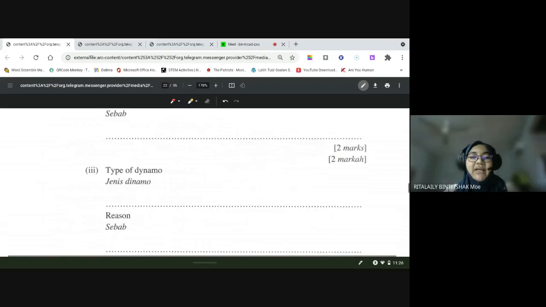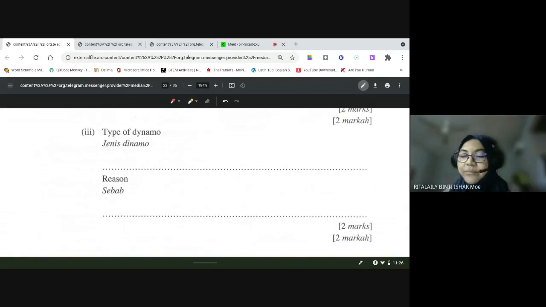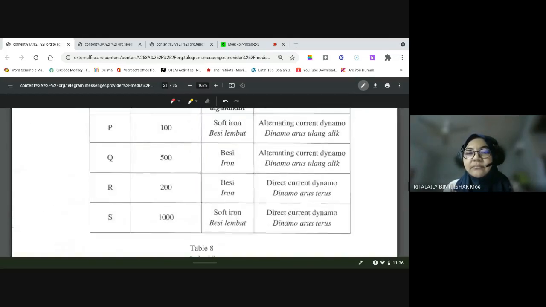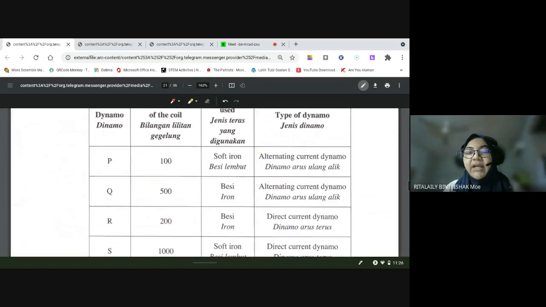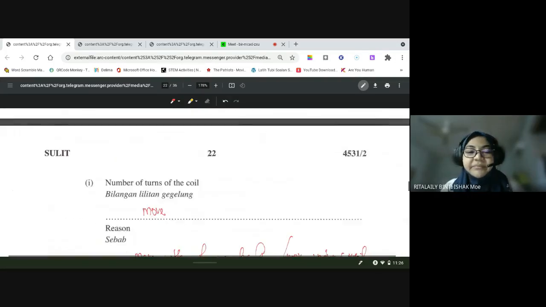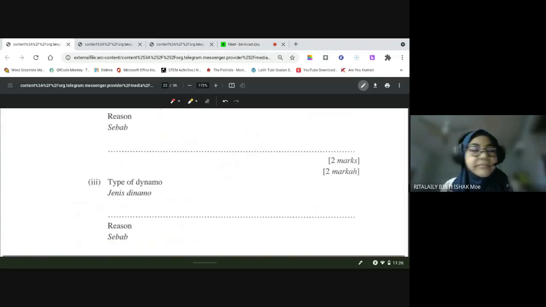So, type of dynamo. Which type of dynamo is this? Do you want direct current or alternating current? AC.